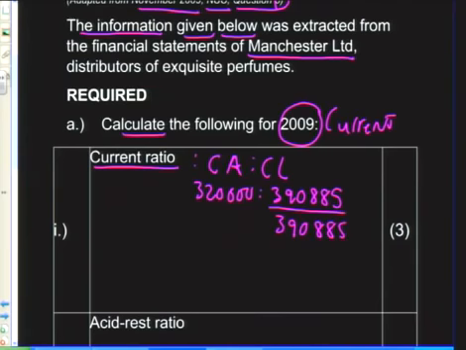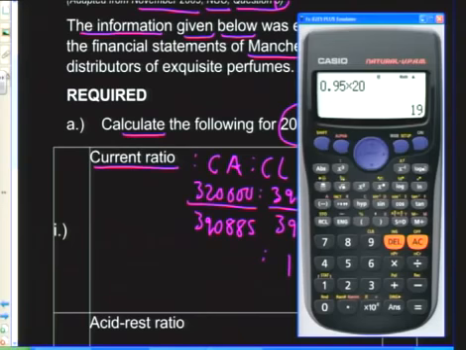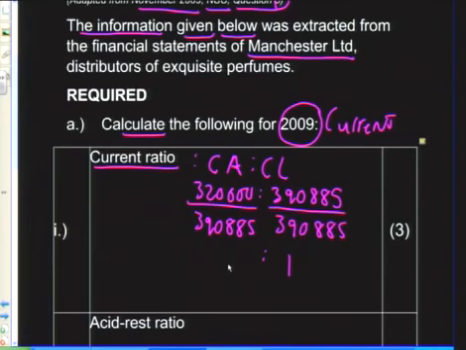Whatever I do on the right-hand side, I must do on the left-hand side, so divide by 390,885. And here, obviously, we're going to get a ratio of 1. Let's get the calculator out. So we take 320,000 and divide this by 390,885 to get a ratio of 0,8. Remember, guys, round off to the first decimal. 0,8 is to 1. So let's fill that in.